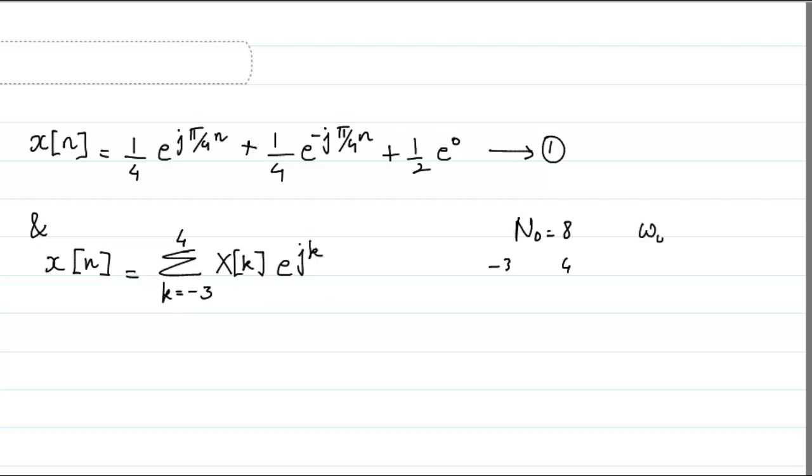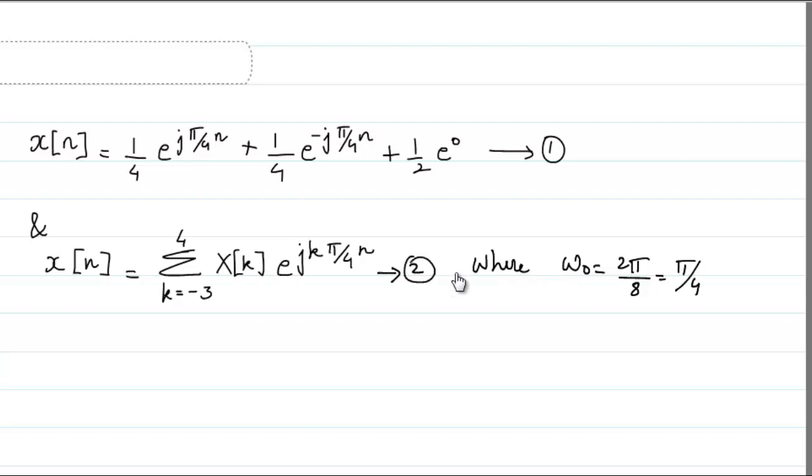What is omega naught? Omega naught is equal to 2 pi by n naught, n naught is equal to 8, which is basically pi by 4. So e raised to power j k pi by 4 n, where omega naught is equal to 2 pi by 8, which is equal to pi by 4. This is my equation number 2.